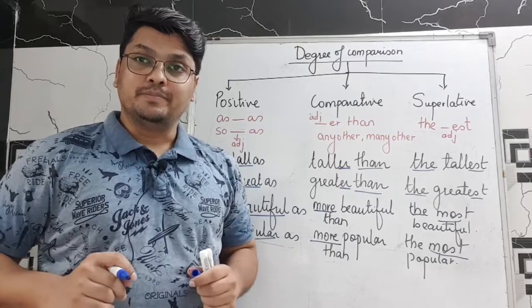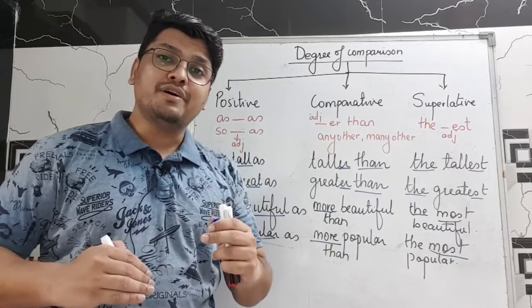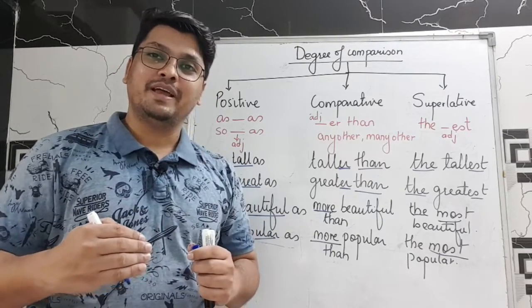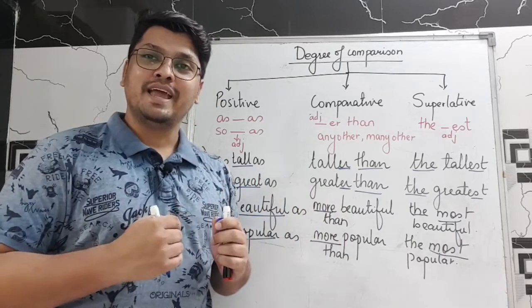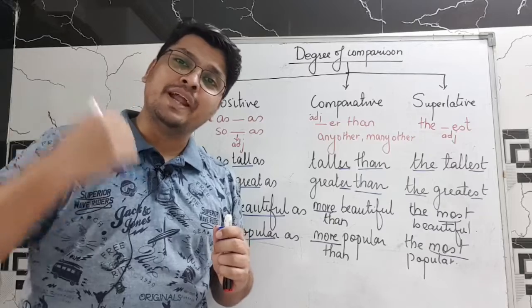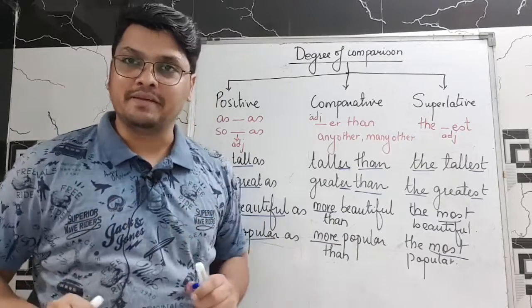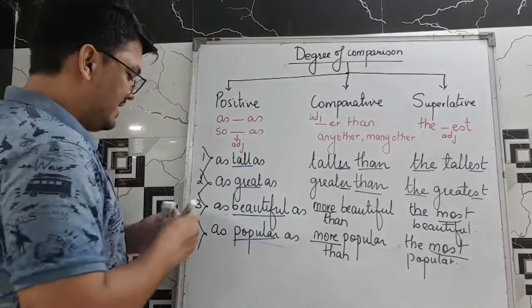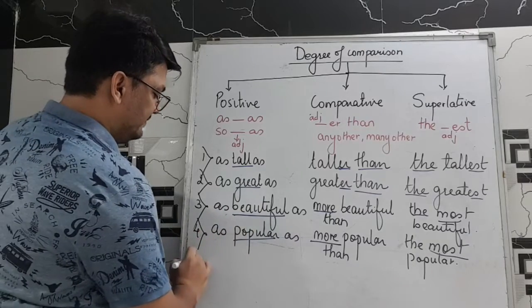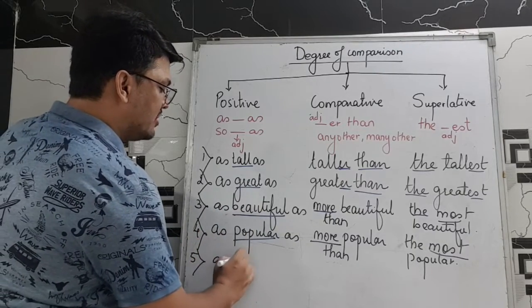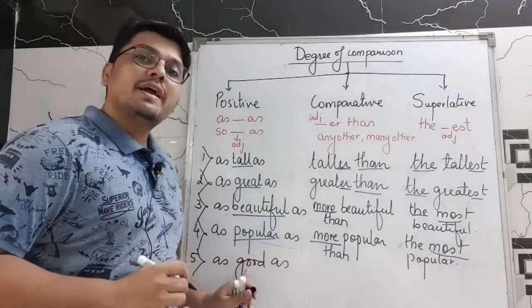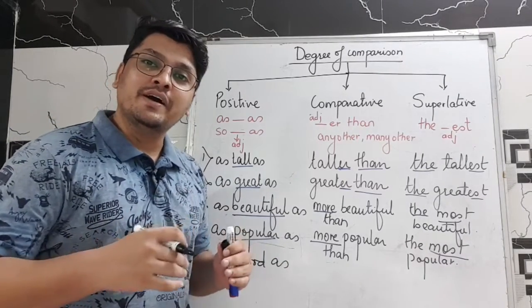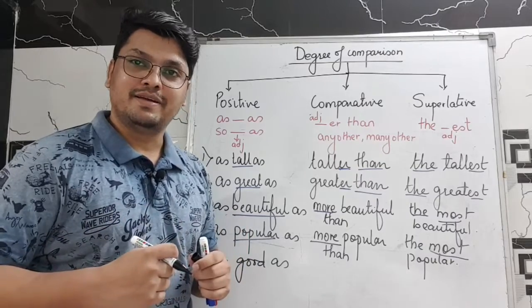Now students, we have one more kind of adjective. When we put it in degree of comparison, it changes completely in all three degrees. For example, if I use here as good as, so here this is called irregular.